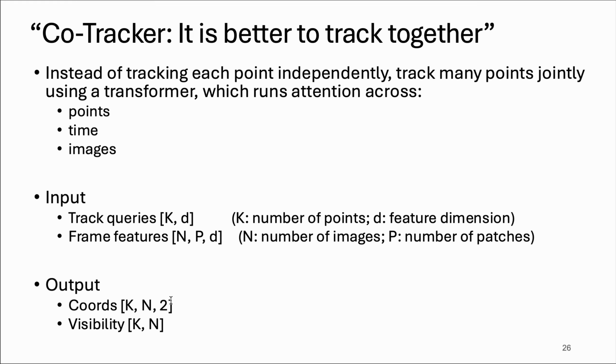The output, for the k queried points, is a 2D image location through all N images, and it also generates a visibility output, indicating whether a point is occluded or not in one of the images.